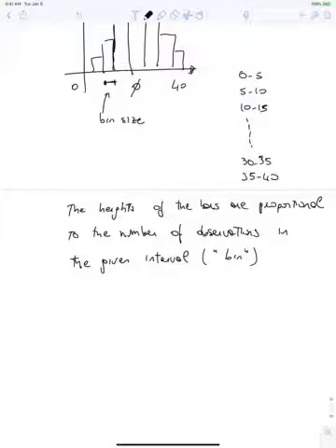So this gives an immediate impression of the most frequently occurring values and the range of the data, essentially.